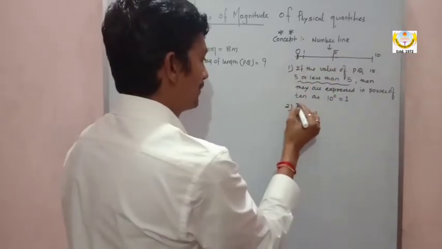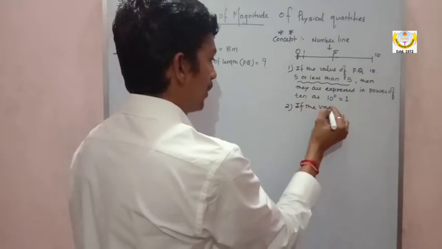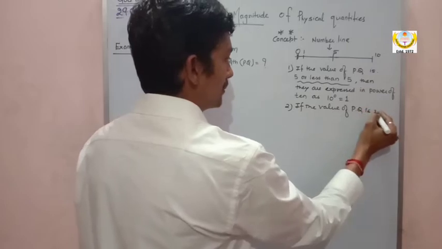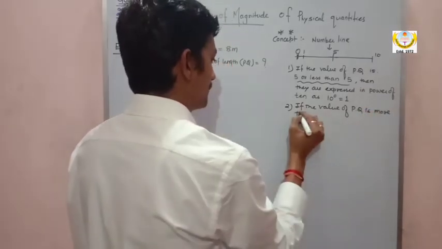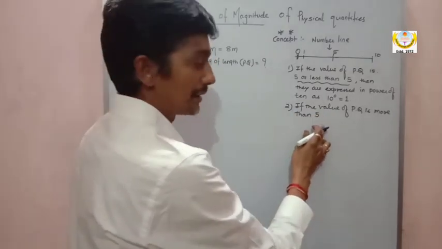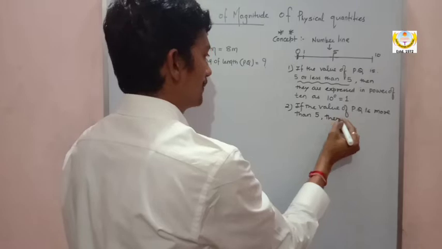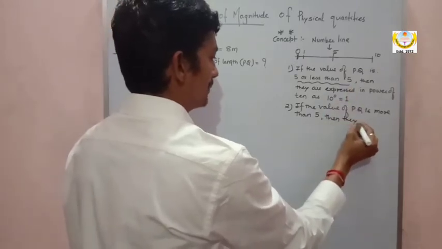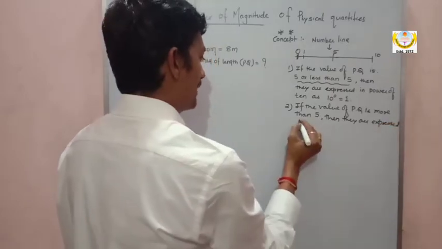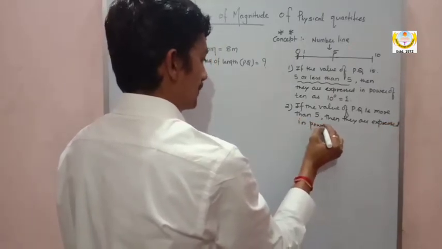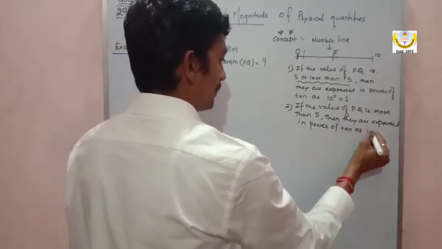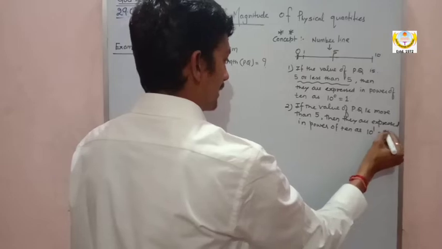Next, look at it. If the value of a physical quantity is more than 5, then they are expressed in power of 10 as 10 power 1, that is equal to 10.